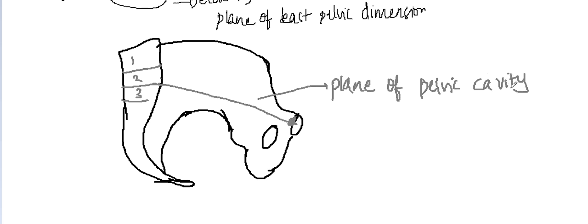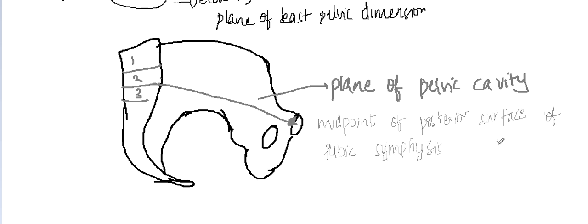So where does the plane of pelvic cavity start from? This starts from the midpoint of posterior surface of pubic symphysis to the junction of second and third lumbar vertebrae.